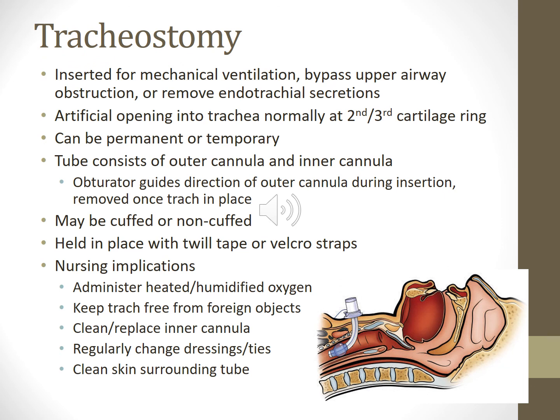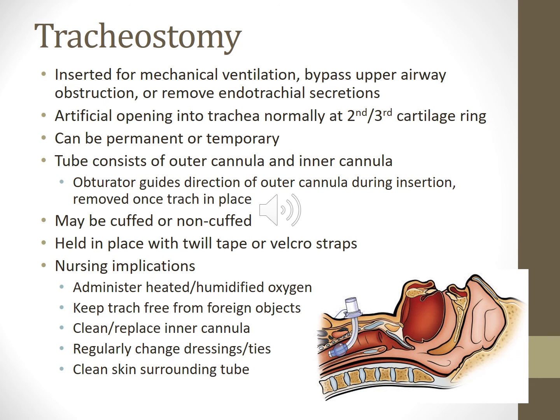The last couple of slides here are about a tracheostomy. This is inserted for mechanical ventilation. It bypasses the upper airway if a patient has an upper airway obstruction, or to remove endotracheal secretions. And this is an artificial opening into the trachea, normally about the second or third cartilage ring.